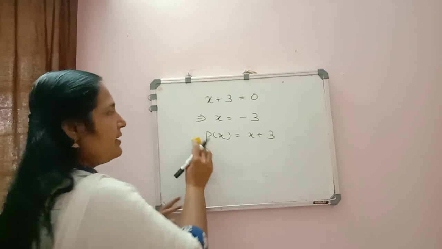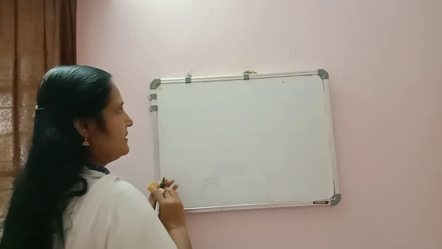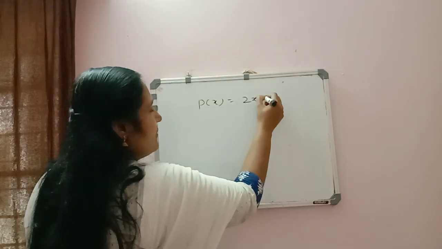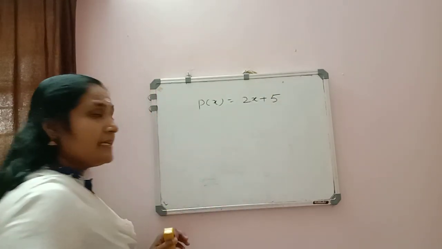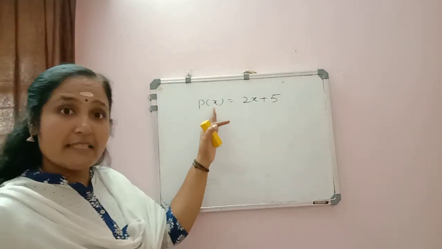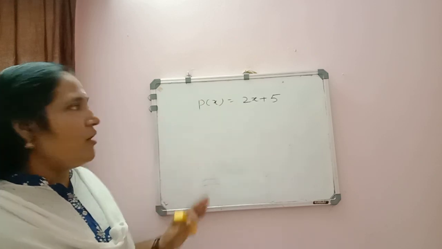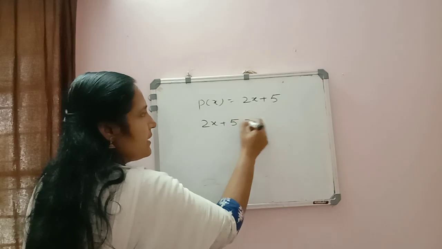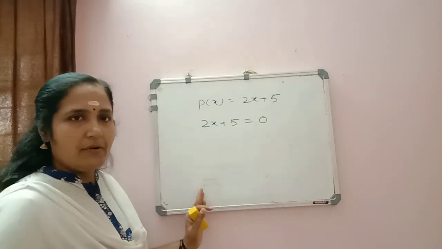In the same way, suppose any other polynomial is there, p of x is equal to 2x plus 5. And if it is asked to find the root or zero of this polynomial, how are we doing it? We are equating the polynomial to 0. 2x plus 5 equal to 0.